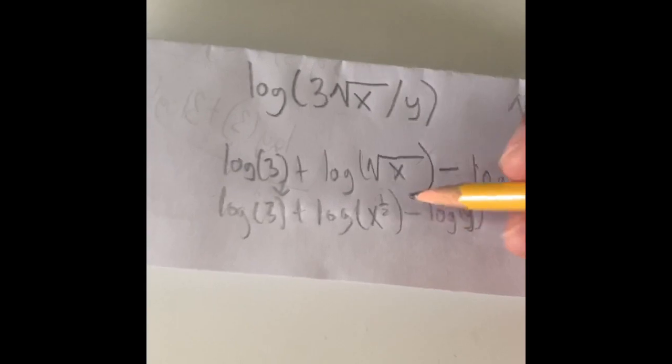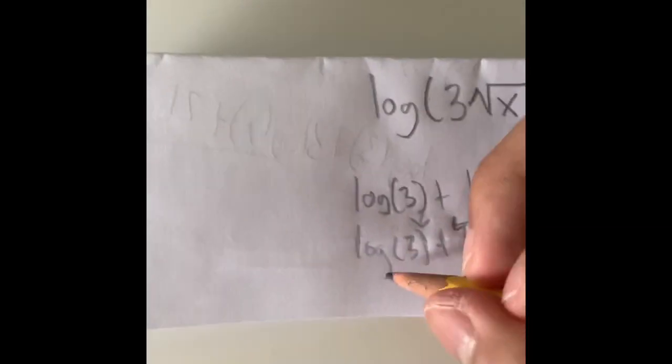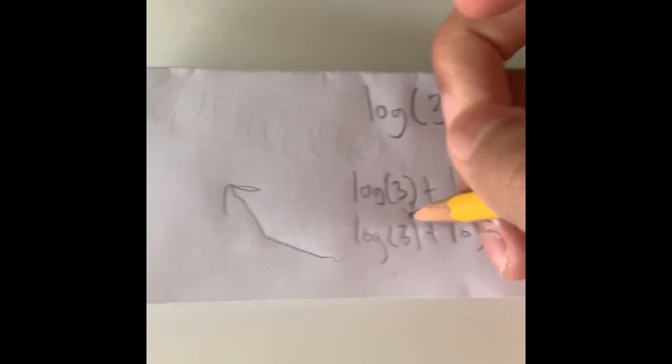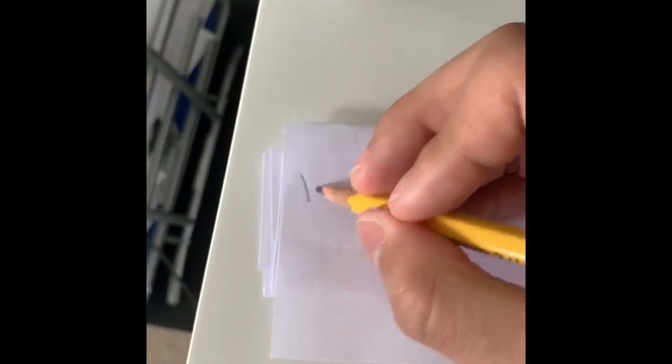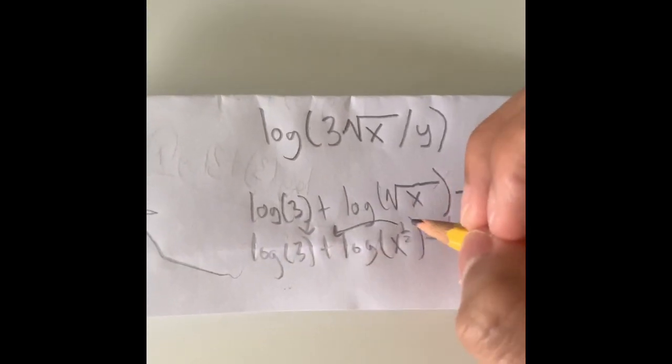So then, you see the 1/2, what do we got to do to it? We got to switch it to the front. Nothing else needs simplifying, but we got to switch that to the front. So now, let's write this all out here. You got your log 3 plus your log x to the 1/2.